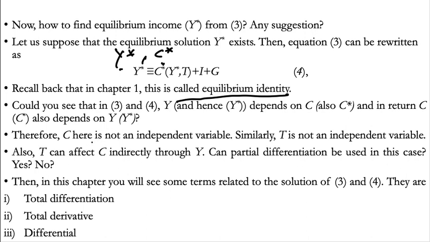So C here is not an independent variable, because C also depends on Y. If this is the case, can partial differentiation be used here? Yes or no? To answer this, we need to learn three different things: total differentiation, total derivative, and differential. But anyway, this one is incorrect.